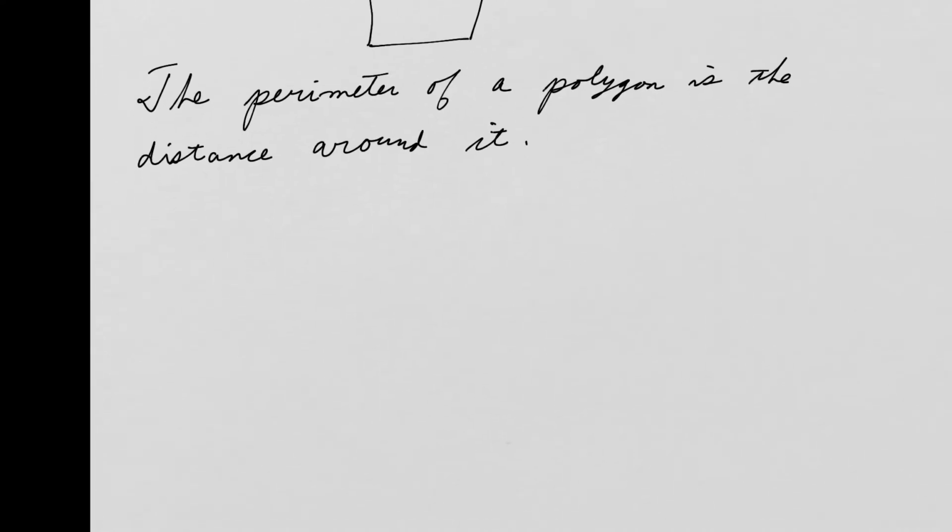So for example, let's say we have this polygon. Okay, and let's say we're given some measurements. Let's say this length right here is 2 meters. Let's say this length is 3 meters. This is 7 meters. Say 5 meters and 1 meter. And I want to find the perimeter.